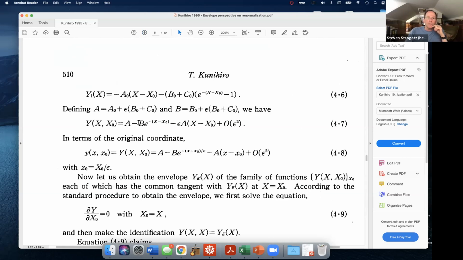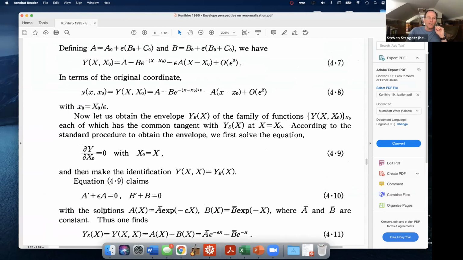So in here, although they look like constants, they do depend on the x0. And so here, when he writes this, when he differentiates, he has to remember that A and B and all the rest depend on x0. And so you end up getting expressions, like when you differentiate the A, it's not 0, it's going to give you an A prime. The prime now means derivative with respect to x0.